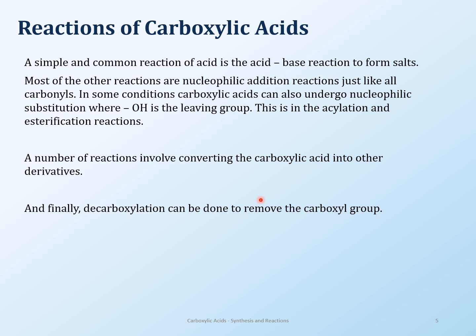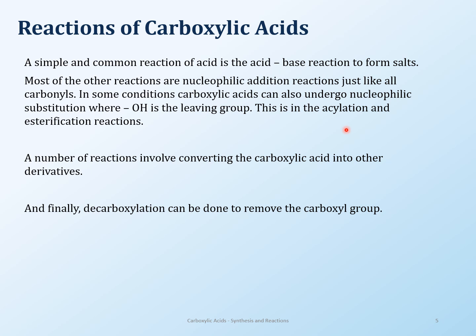Now for the reactions of carboxylic acid, there are not going to be that many, so I'm not doing any mechanisms in this slide, so it's very fast to do. Some of the most common ones is the acid-base reaction. The other reactions that we are going to do are nucleophilic addition reactions, which means taking a carbonyl and turning it into a tetrahedral.